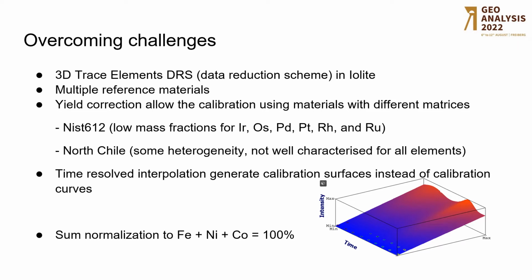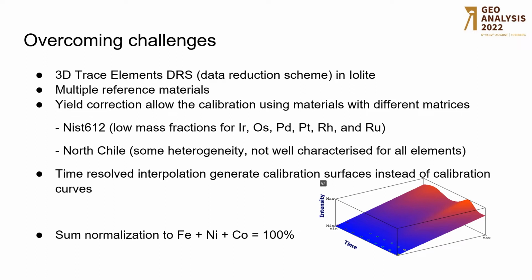Another challenge concerning iron meteorites is their natural heterogeneity. It's difficult to define and use an element as internal standard. To solve this problem, we applied the sum normalization option to 100% for iron plus nickel plus cobalt mass fractions.